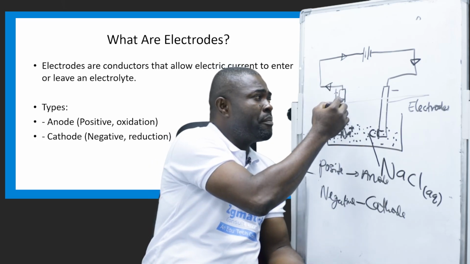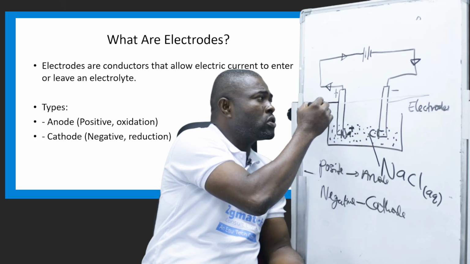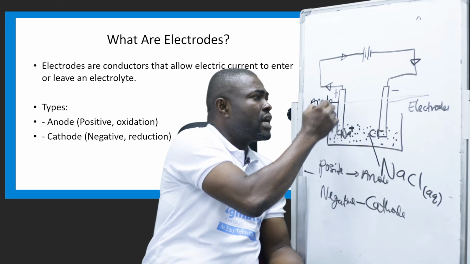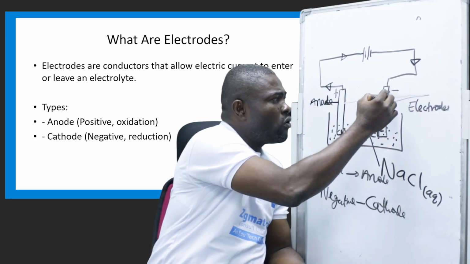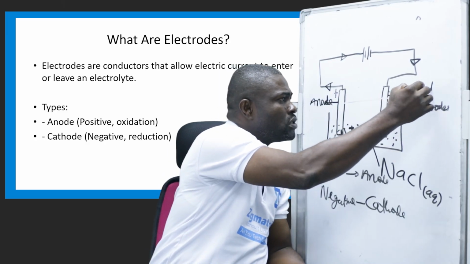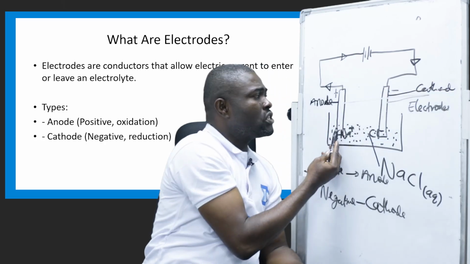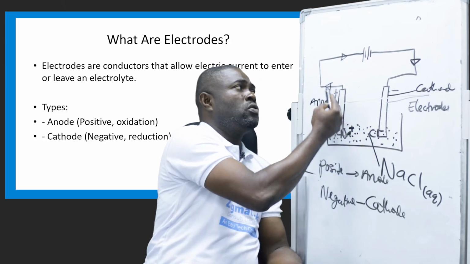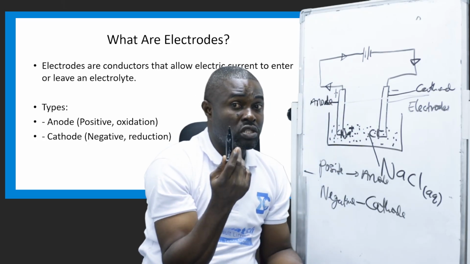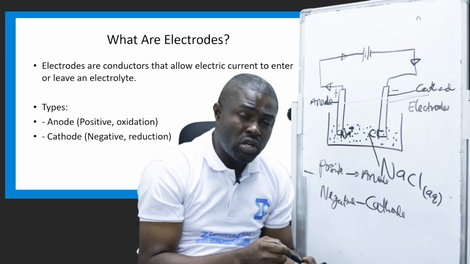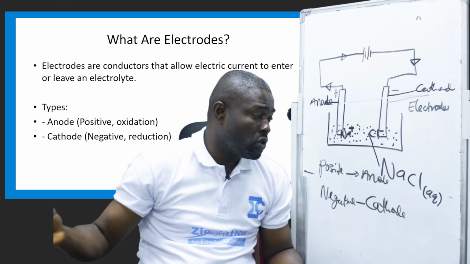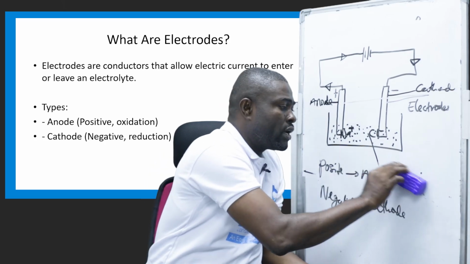That means the major reaction that occurs at the anode, this is the anode, while this negative one is the what? Cathode. So here there is loss of electron. Electron moves out through the anode, and loss of electron is oxidation reaction. That means the major reaction that occurs at the anode is what?